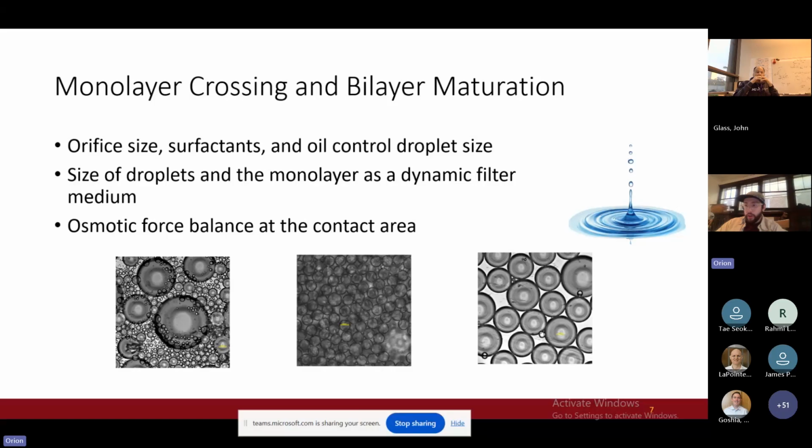By extruding into just an oil layer, not layered over an aqueous volume, we were able to take out the emulsions and look at them under a microscope. And we found that by changing the orifice size, the amount of surfactant present, and the amount of phospholipid present, we were able to tune the size of the droplets that were forming in that LIO.